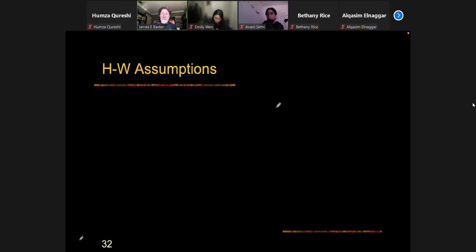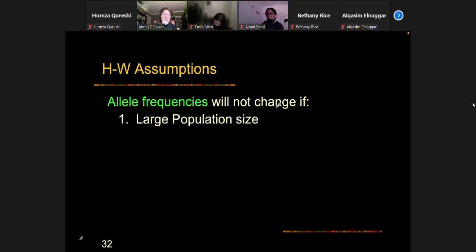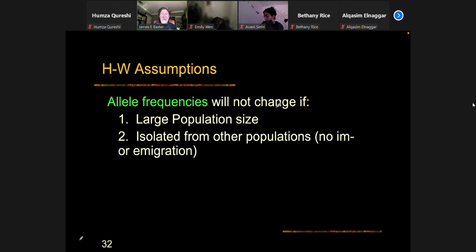I said there's 5 assumptions that Hardy and Weinberg came up with. Their prediction is that allele frequencies will not change if, 1, the population is infinitely large, and isolated from other populations. The membership of the population changes vertically, but not horizontally.